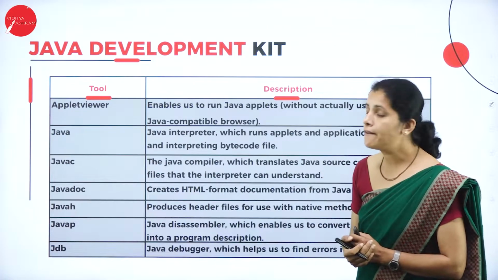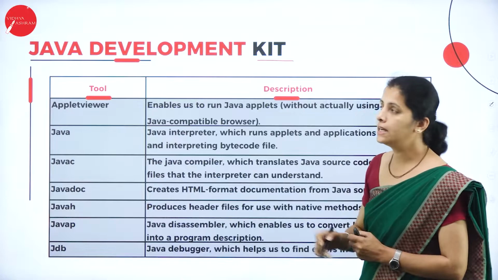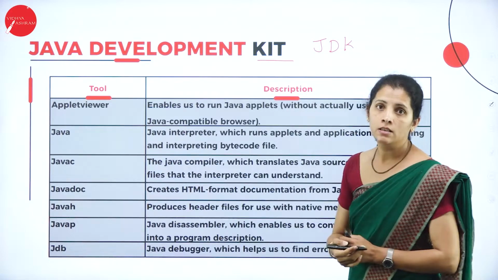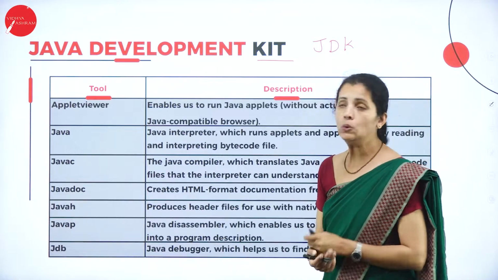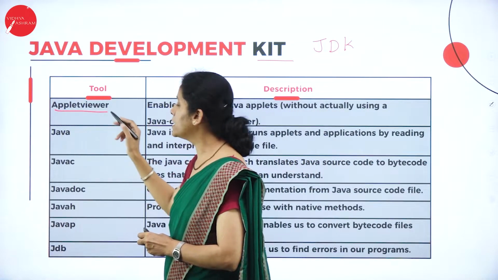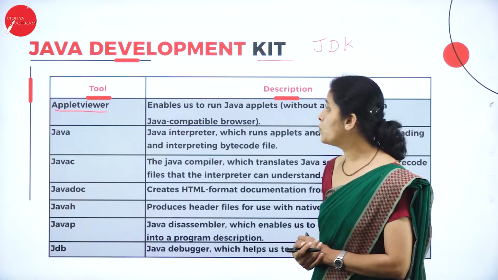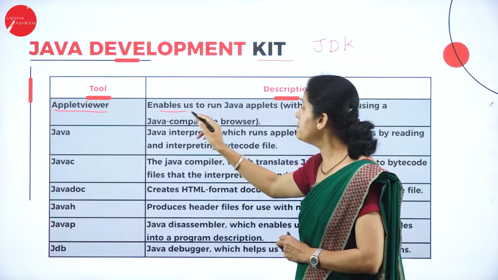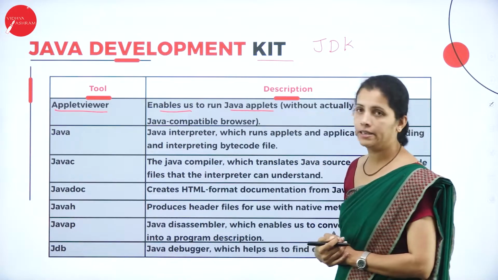Now I have the Java Development Kit, that is JDK. The JDK bundle includes the following tools, that is applet viewer. To run my applet program, I require the applet viewer, which enables us to run Java applets.